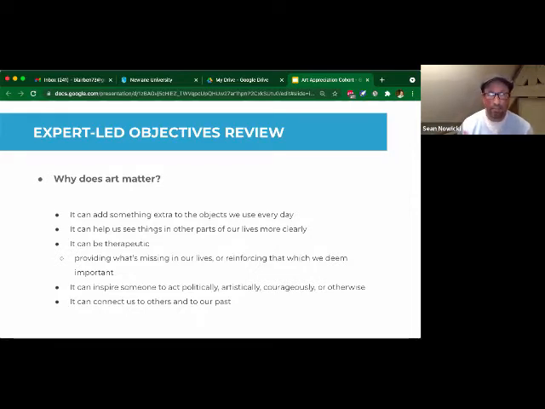And finally, the last reason I put here, but again, there might be more reasons than this. It can connect us to others and to our past. So there is a historical aspect to art, and there's also just sort of this people aspect that we can see each other through art. Okay, you go to the next slide then.